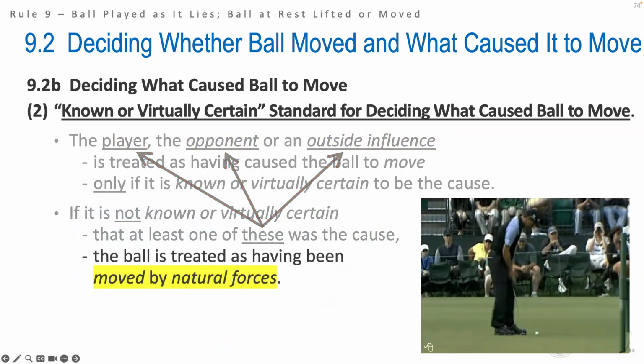If it is not known or virtually certain that one of those 3 caused the ball to move, the ball is treated as having been moved by natural forces. So again, like I said, if there's really no other explanation as to why the ball moved, then that's okay.